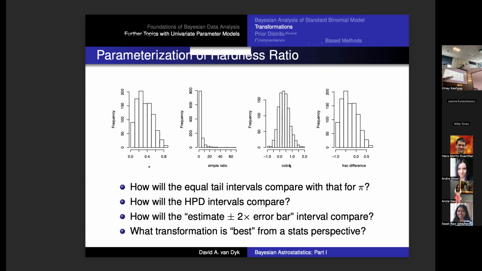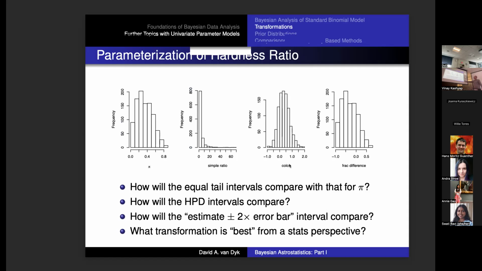The HPD interval here is going to go all the way to the minimum value because it's very skewed. This distribution looks kind of Gaussian, right? And this one, it turns out that pi and the fractional difference are related by a linear transformation, so the distribution looks exactly the same. It just goes from -1 to 1 instead of 0 to 1.